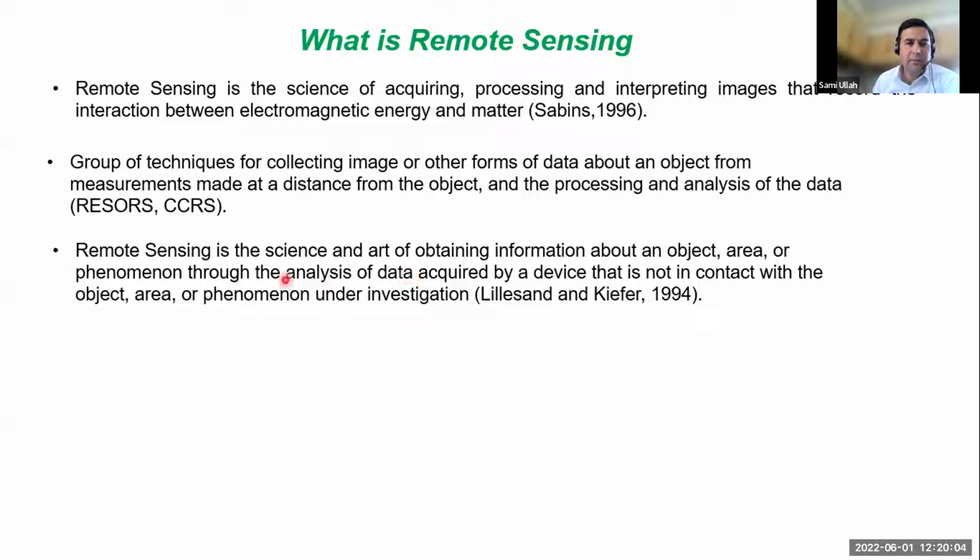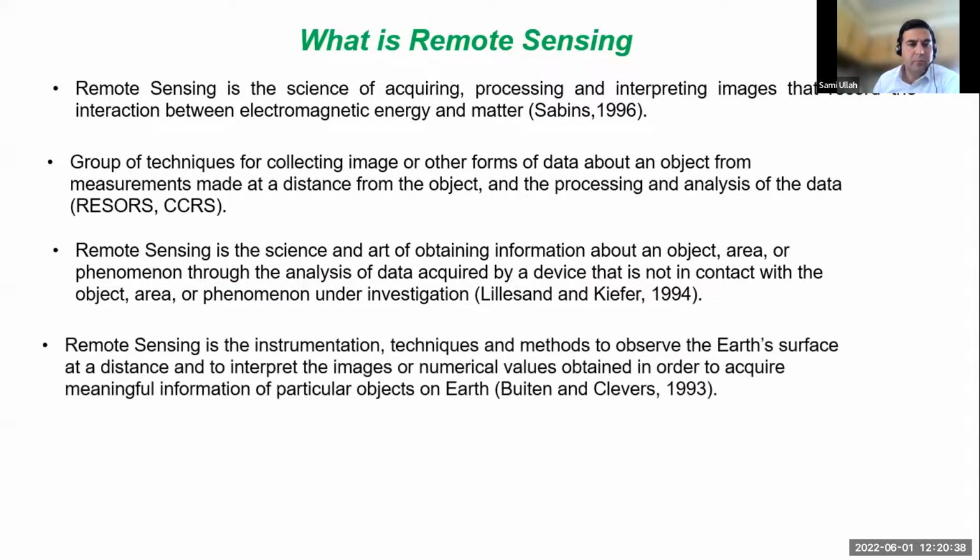So that's also the same definition: you are getting information about any object, area, or phenomenon through the analysis of data, in the form of satellite images, but we are not going physically in contact with that object, area, or phenomenon. We are investigating image data and getting different information from a distance. That's how Lillesand defined remote sensing.